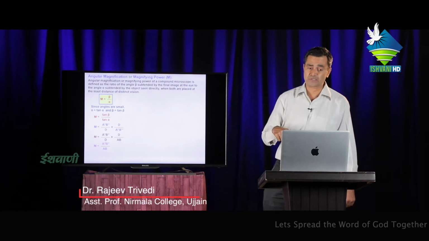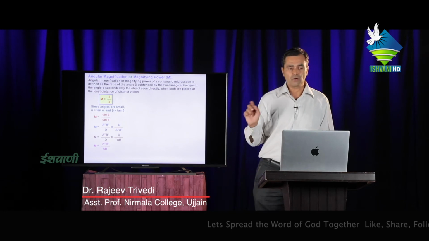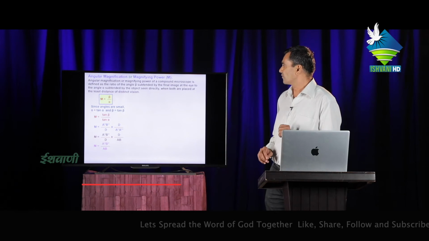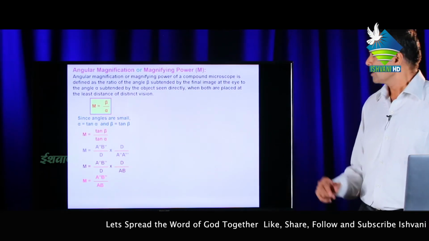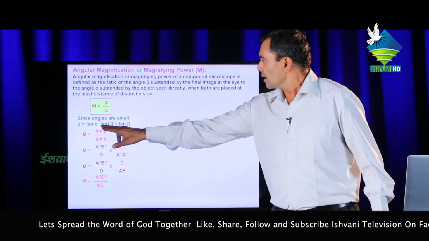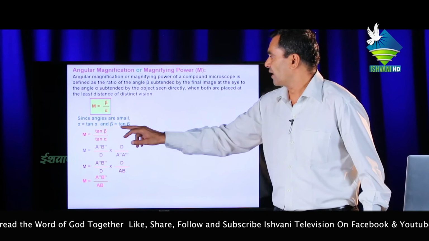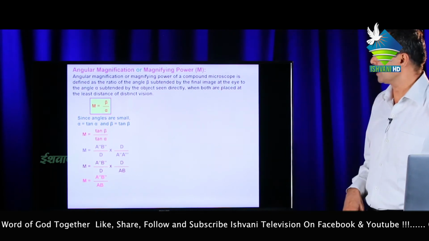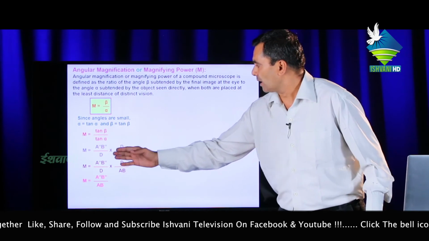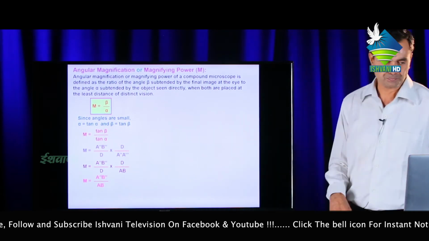Then m equals beta upon alpha. From the figure, calculate tan alpha and tan beta. If alpha and beta are very small, then alpha equals tan alpha and beta equals tan beta, and putting tan alpha and tan beta in the above equation, we get this equation.